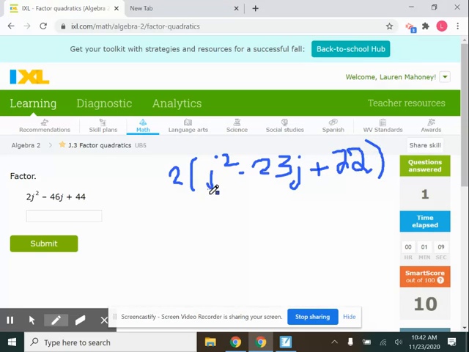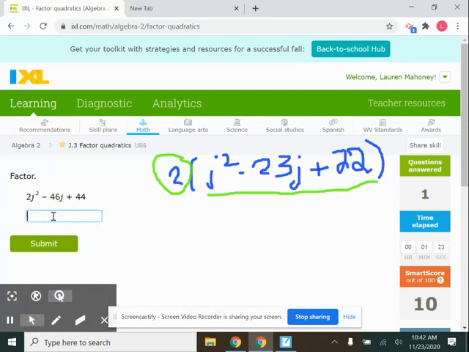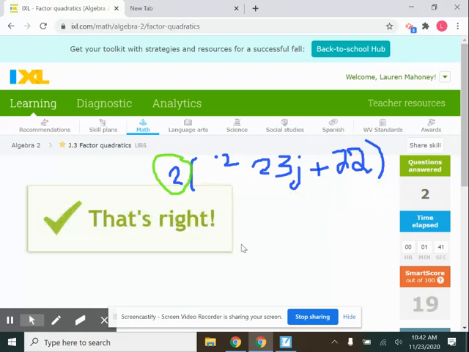So really, I'm just going to be factoring this. It's not going to be as difficult to factor, but you do have to leave this 2 in your final answer. So I'm going to put the 2 out in front before I open up my set of parentheses. j squared minus 23j plus 22, factors of positive 22 that add to make negative 23 are negative 22 and negative 1. And that's how you would do that one.